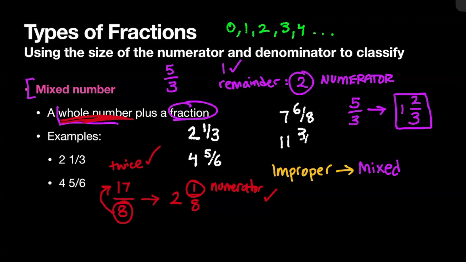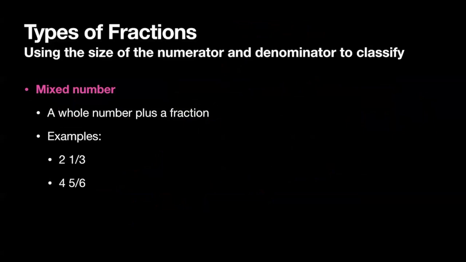Okay, so I'll explain this one more time, how we can go from an improper fraction to a mixed number. One example here. We'll do another one. Let's take 13 over 4. We want to write this improper fraction as a mixed number.